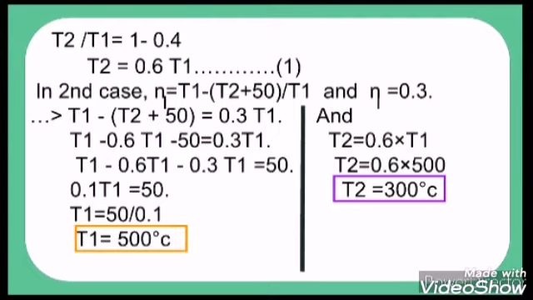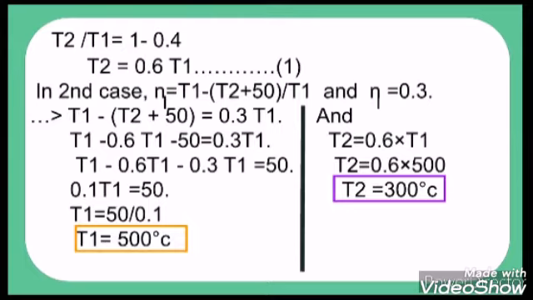For next case, eta is equals to T1 minus T2 plus 50 by T1, where we consider temperature of sink is raised by 50 degrees Celsius, hence T2 plus 50. And the efficiency when temperature of sink is raised by 50 degrees Celsius is 0.3. By substituting the value of eta, we get T1 minus 0.6 T1 minus 50 is equals to 0.3 T1.